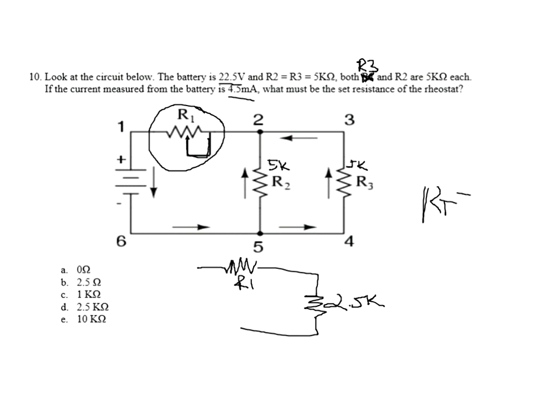My total resistance for the whole circuit is going to be 22.5 volts divided by 4.5 milliamps. What's that give me? Let's see here. 22.5 divided by 4.5 milliamps.